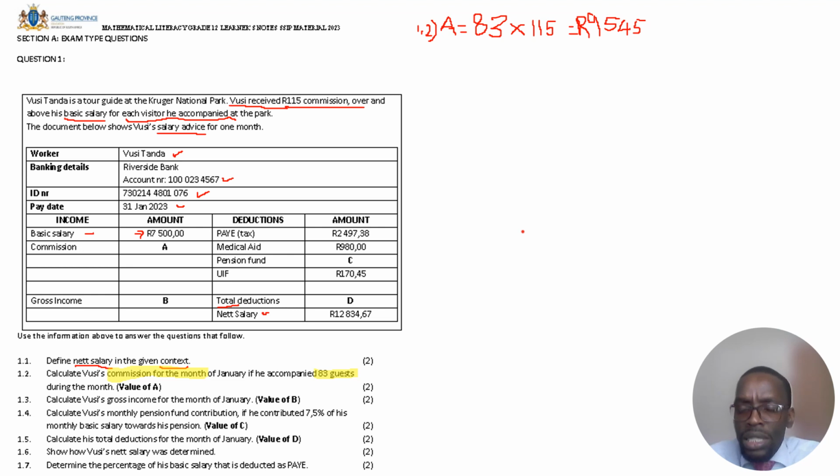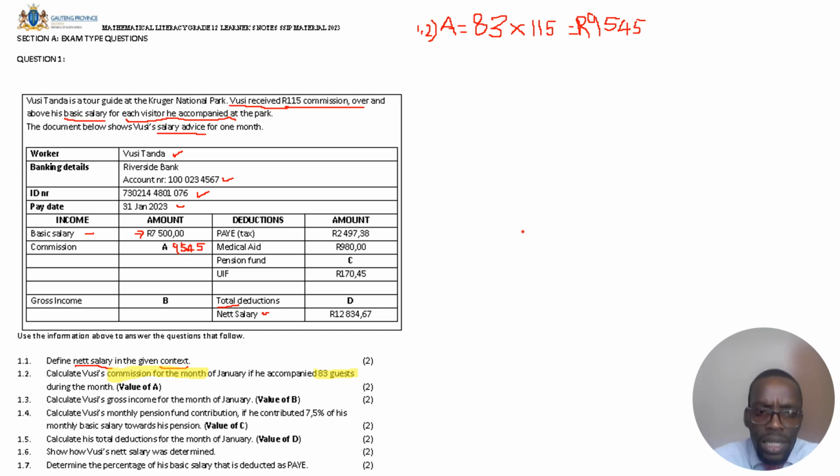So the value for A here becomes 9,545. I can just write it here. That's the amount of money that Vusi is going to earn as commission.